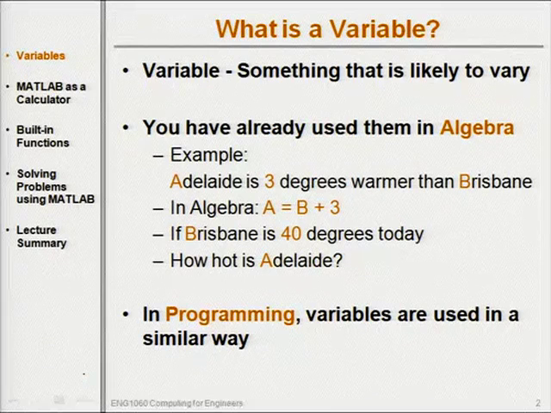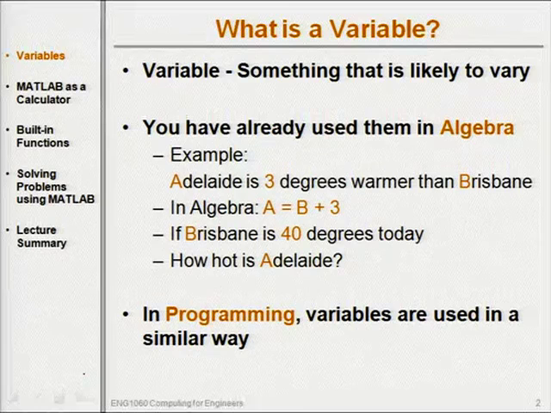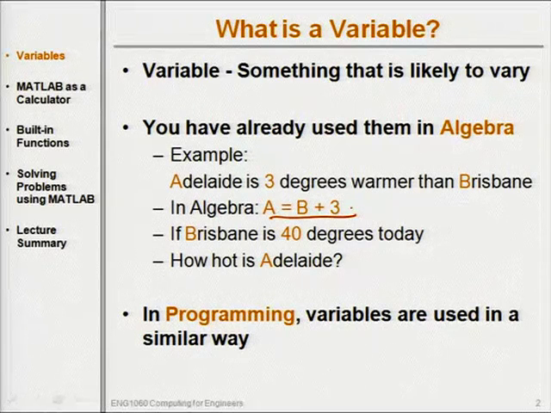For example, say in algebra, we say Adelaide is 3 degrees warmer than Brisbane, and we call Adelaide A, and we call Brisbane B. So effectively, in mathematical terms, A equals B plus 3. So if you have the value for B, say Brisbane is 40 degrees, how hot is Adelaide? It's simply 40 plus 3. So that's what variables are.